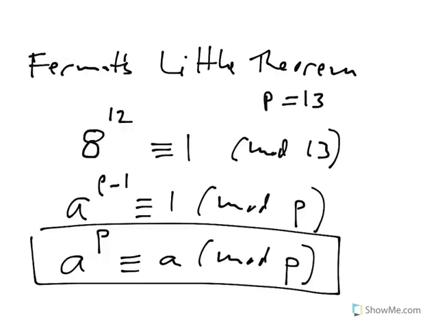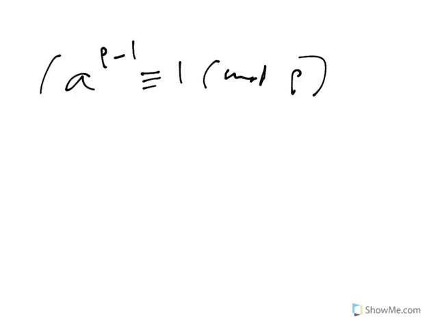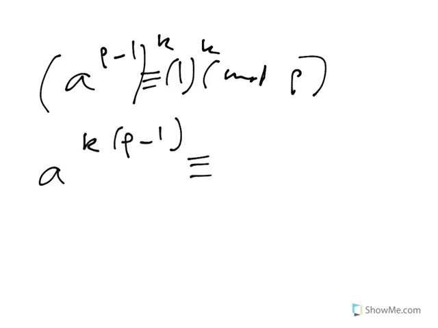Now this is all a consequence of this first version of Fermat's little theorem, because if I have a to the p minus 1 is equal to 1 mod p, and I raise both of these things to the power of k, I now have a to the k times p minus 1. 1 to the k is still 1.